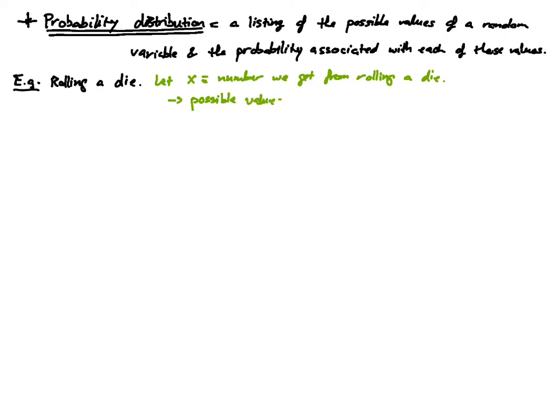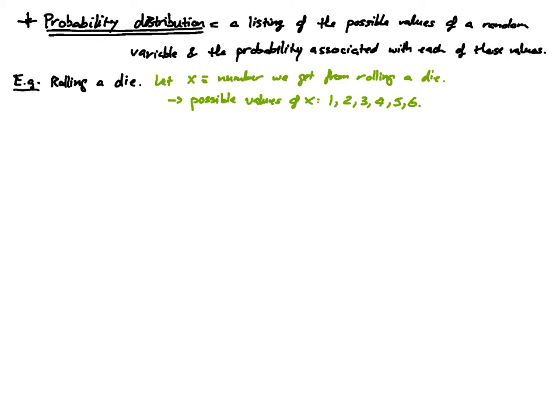Now, each of these values happens with the probability of 1 over 6.